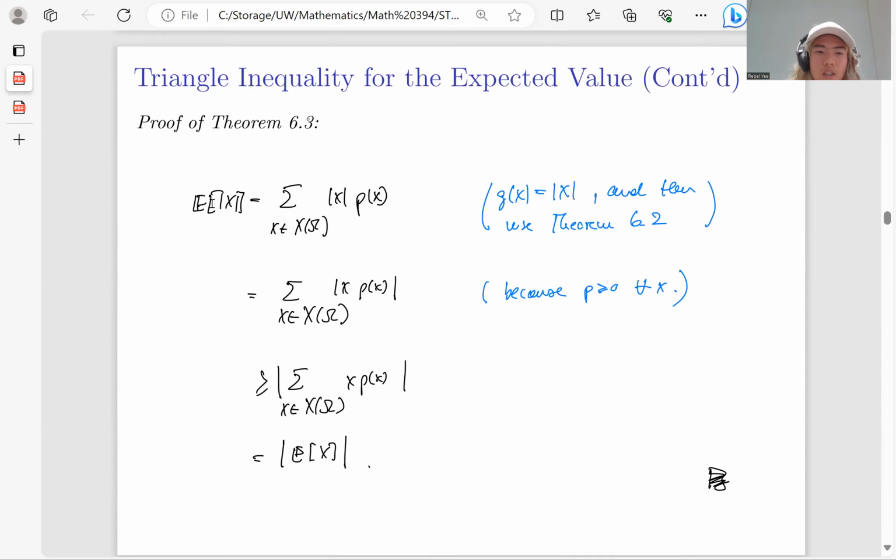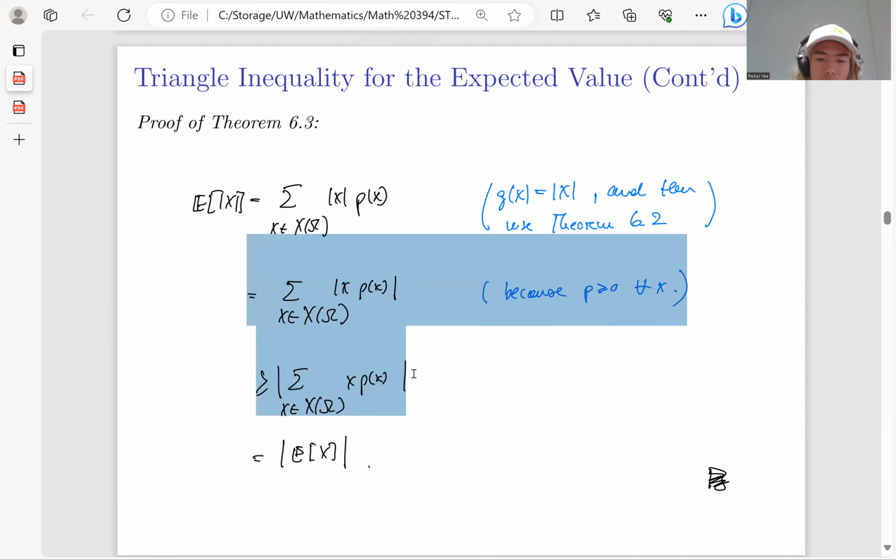And the proving process is very simple. We just use the expectation formula to plug in the realization of the absolute value of x. Because p(x) is a probability, it can never go negative, so we can expand the absolute value to here. And in this step, we are using the triangle inequality for real number addition.